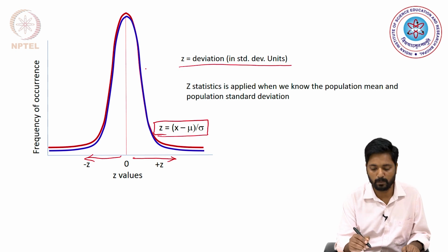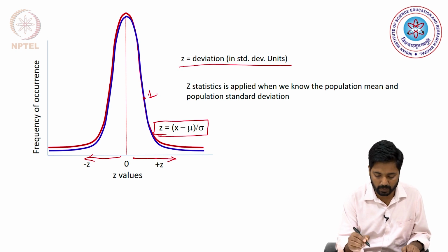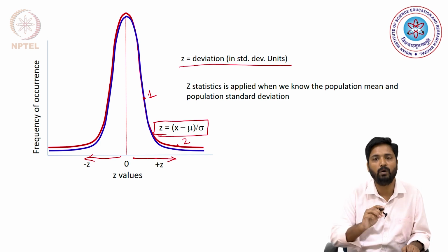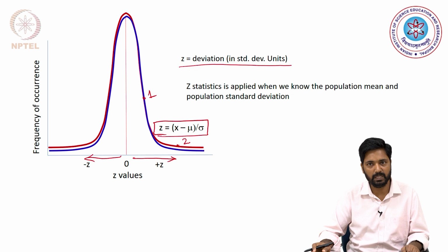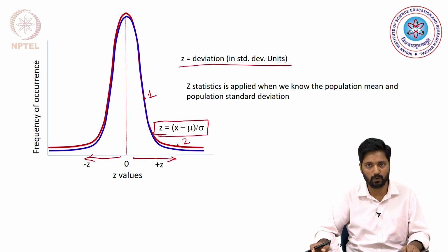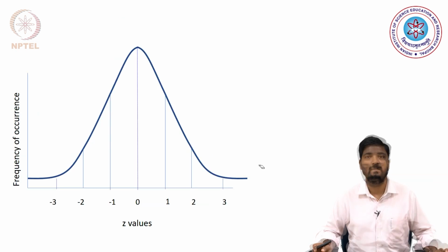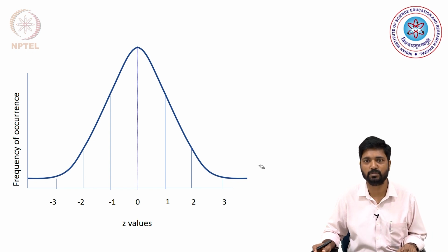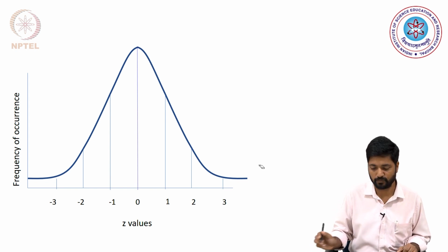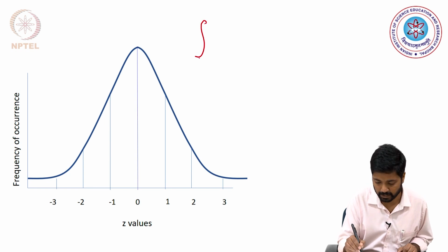So, if you want to compare point 1 on the blue curve versus point 2 on the red curve, it would be easier for us to analyze these two distinct or disjoint sets of data. When we convert the Gaussian error function in terms of z, it takes the form which is shown here.